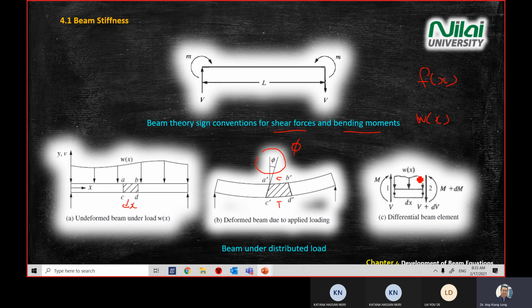It can be distributed or it can be a focus point load. A focus load means you only see an arrow. If you have a distributed load, you see something like this that I draw on the screen here. So you have two types of load that we will consider for this chapter. This is the focus load. This is a distributed load. Okay, so we'll move forward.